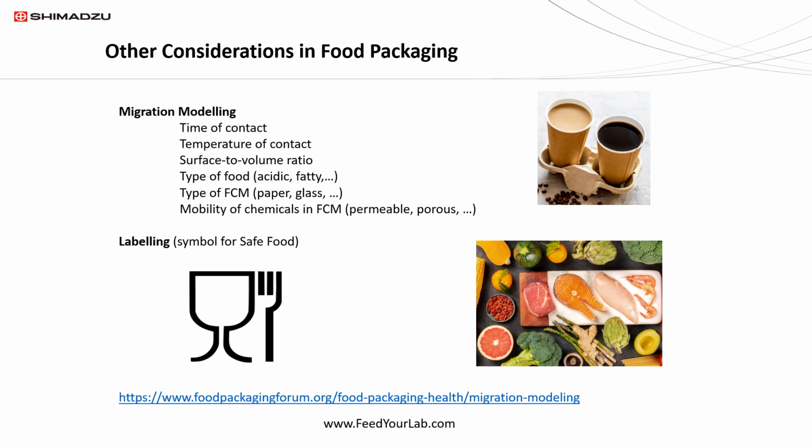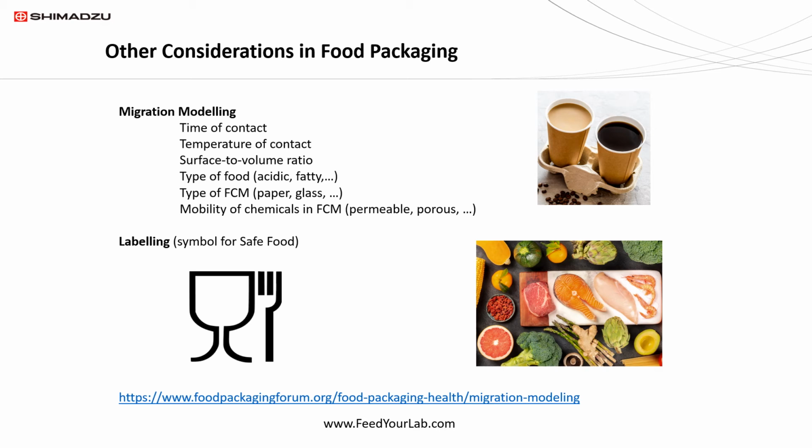Some people have actually done migration modeling, such as, if you look at the bottom, there's a link to the Food Packaging Forum that has done some of this migration modeling. And for that modeling, they have looked at things like the time of contact and the temperature of contact. So for instance, if you take a look at that picture of the hot coffee, that hot coffee will extract more of the food contact materials than, say, an iced tea.